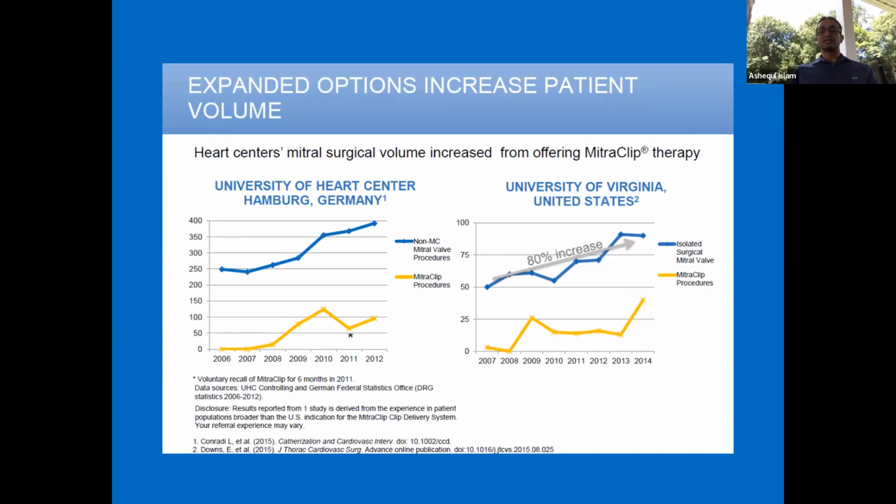So you're raising the volume for both cardiac surgeons and yourself. Same with Germany. As they increased the mitral clip volume, they also saw a volume increase in other non-mitral clip related mitral valve procedures, which is of course mitral surgery as well.